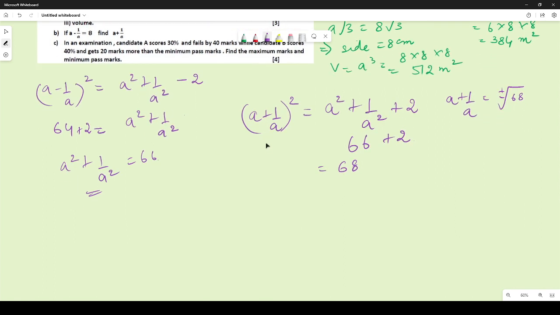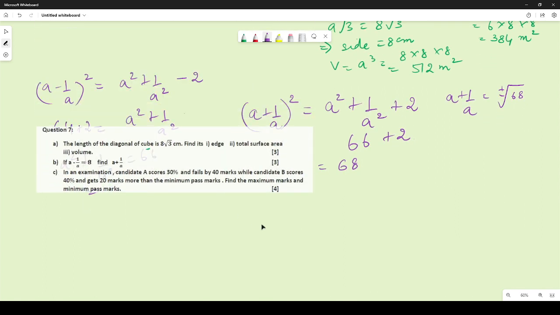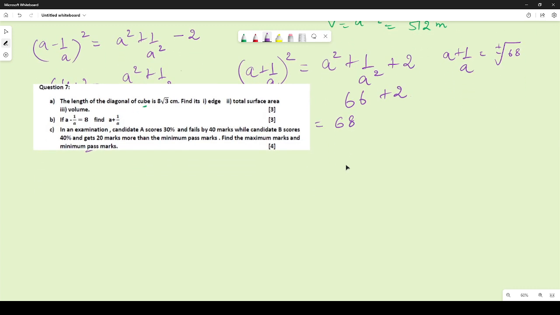Now let us come to the very last question, and this is, in an examination a candidate scores 30% marks. Now let us say candidate A scores 30% and fails by 40 marks, whereas B scores 40% and gets 20 marks more, right? That means 20 more. This is 40 less, right?